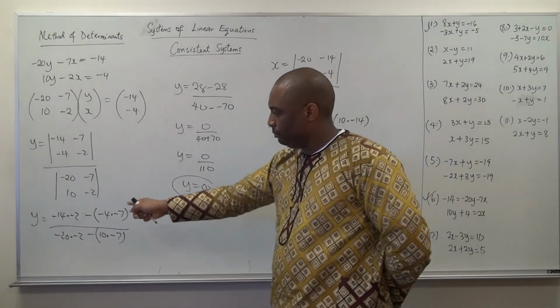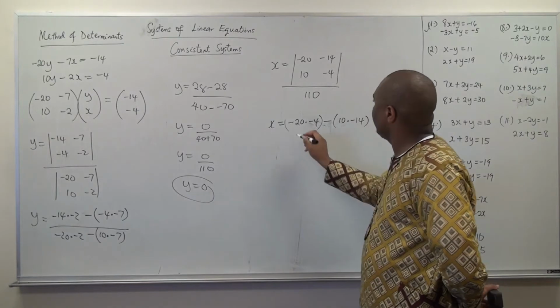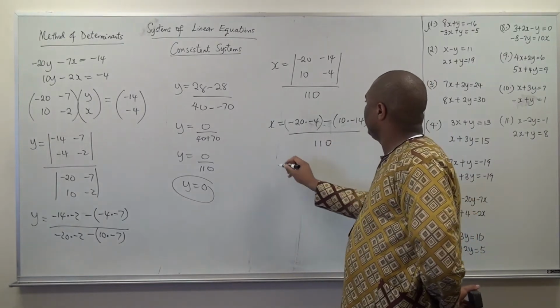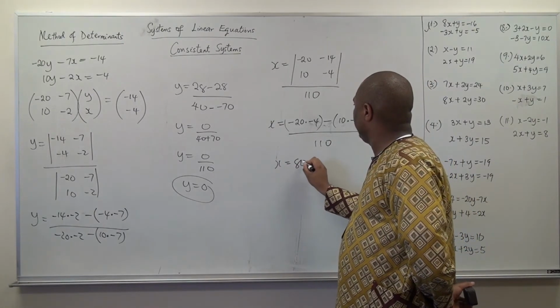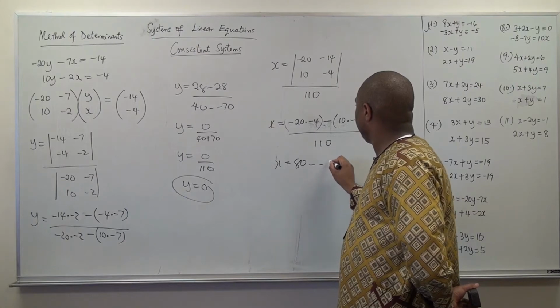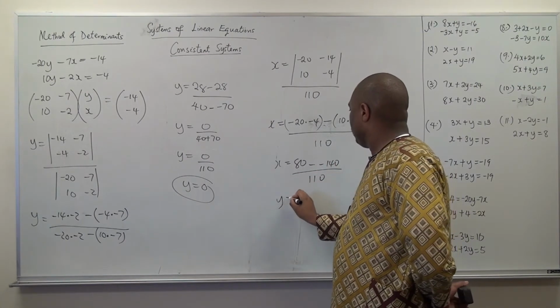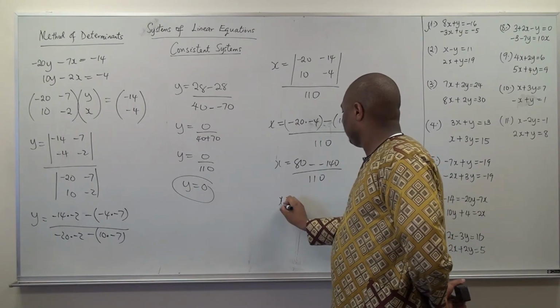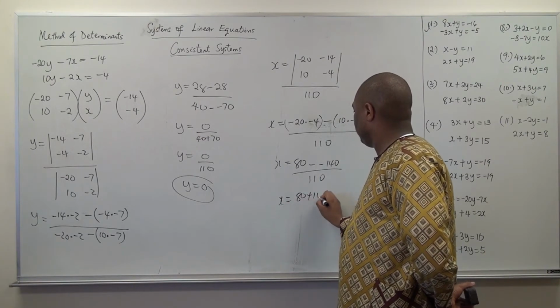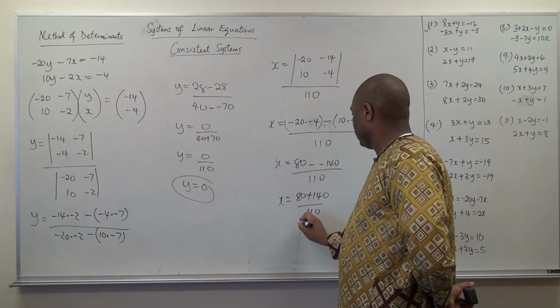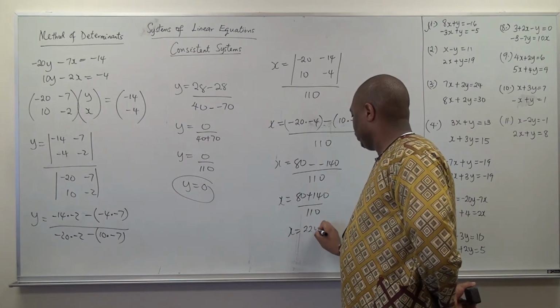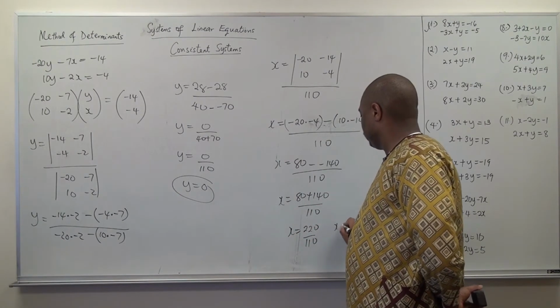And if you want, you can put parentheses in all those, that's fine. All over 110. So x will now be 80 minus 140 all over 110. And x will now be 80 plus 140 over 110. X will be 220 over 110. And x will be 2.